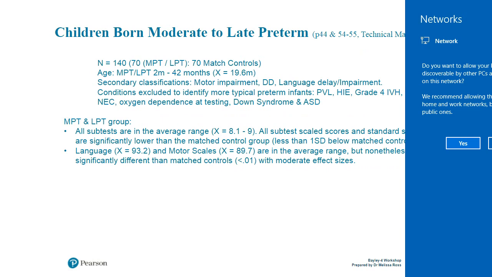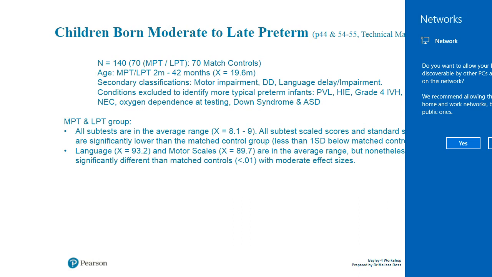In a sample of 70 moderate to late preterm infants and 70 matched controls with an average age of 19.6 months, the preterm infants performed within the average range on all subtests with means of 8.1 to 9. All subtest scaled scores and standard scores were significantly lower than matched controls, less than 1 standard deviation below matched controls.